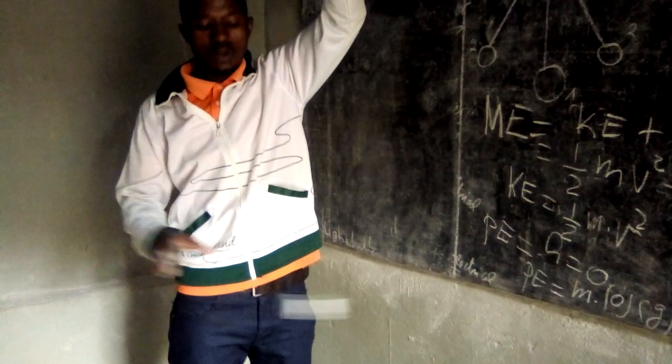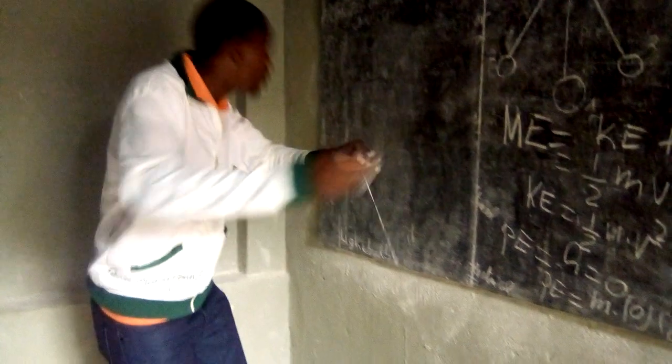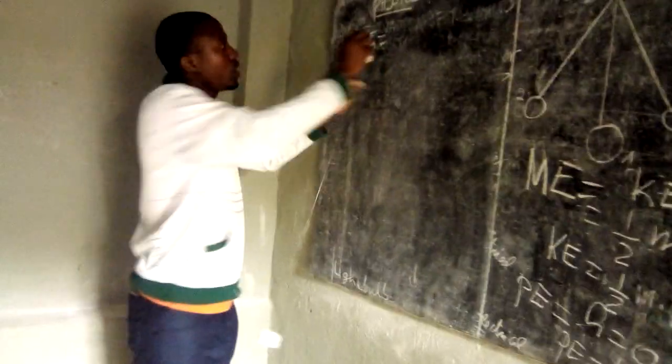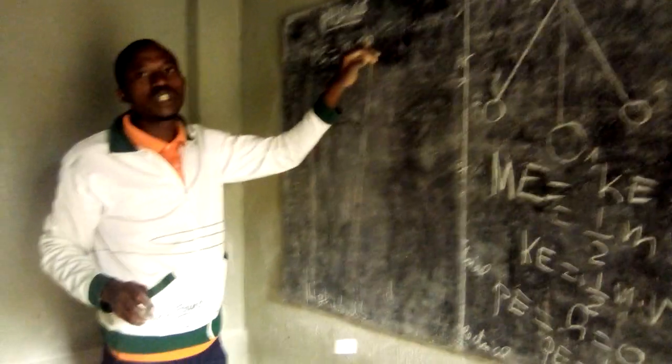When the bob is in this position, the potential energy equals mgh, because h is the position of the bob.